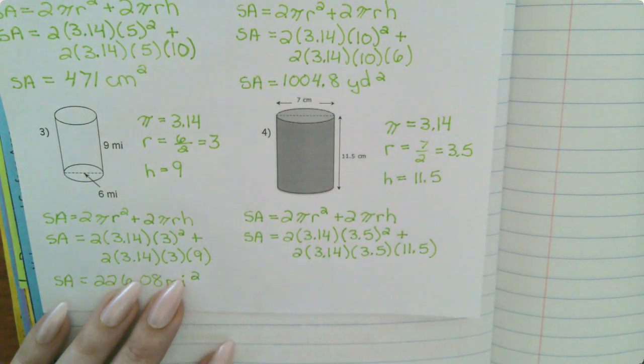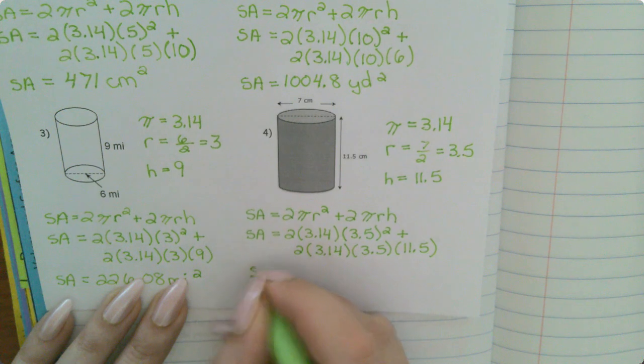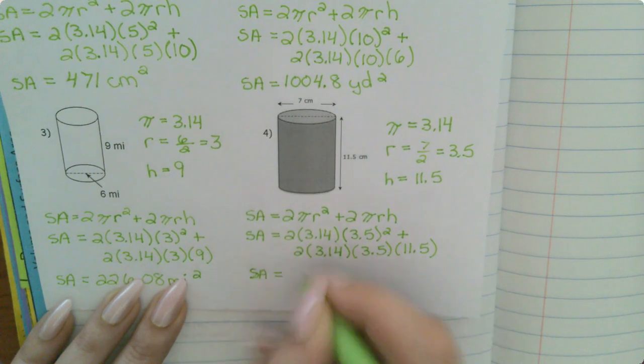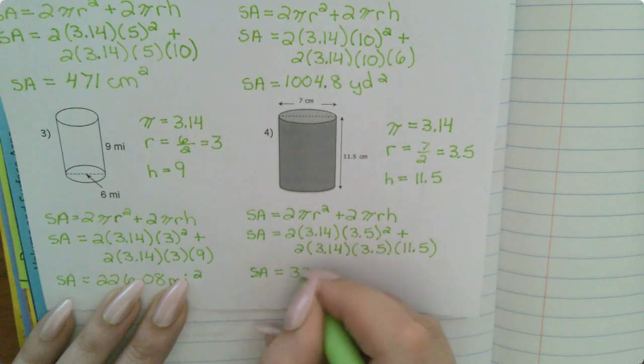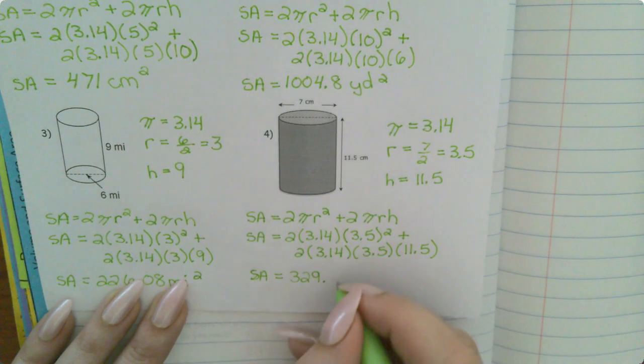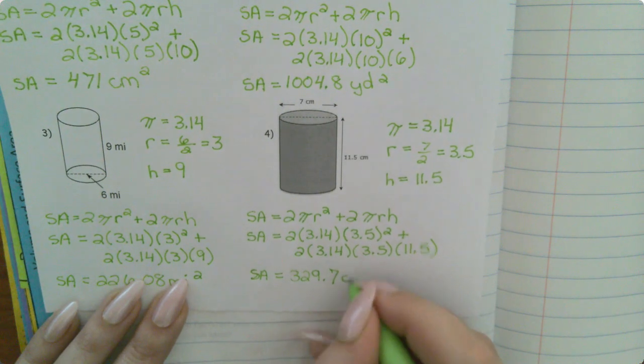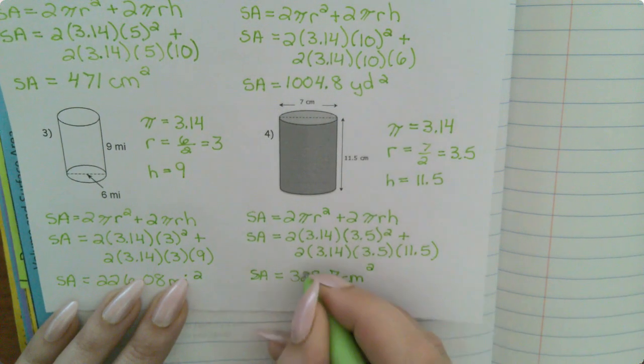What did you get for your answer? Perfect. Surface area is equal to 329.7. My units are centimeters in this case, and they get squared because it's surface area.